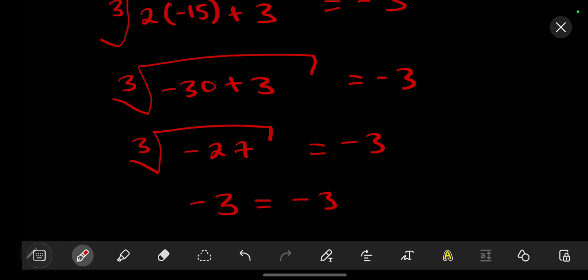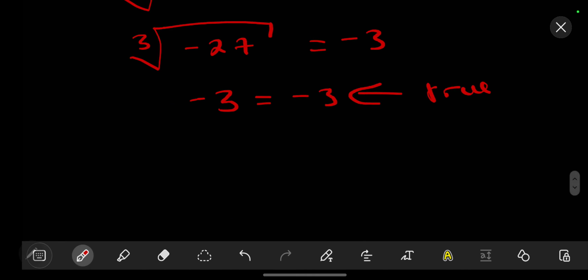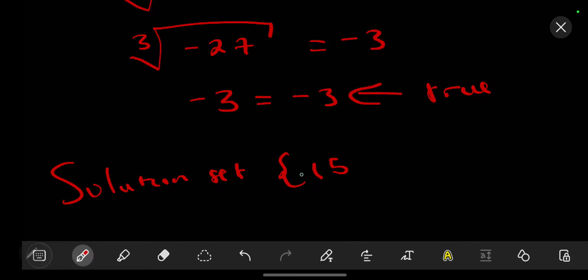The cube root is the number you can multiply 3 times to give you that number. So the cube root of negative 27 is negative 3, and this is a true statement. If it is true, that means your solution set will be comprised of negative 15, since it is working.